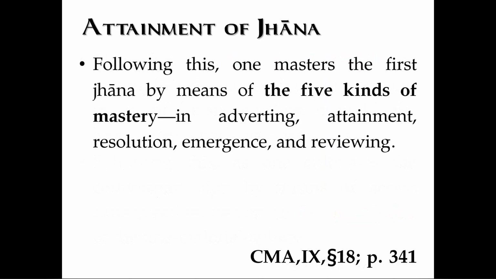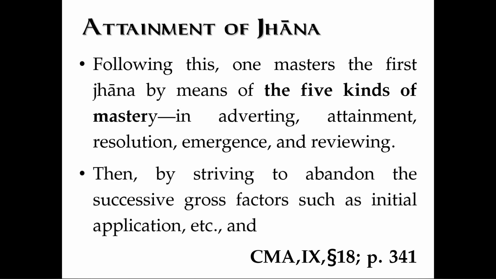Following this, one masters the first jhana by means of five kinds of mastery. We already learned that last week: adverting, attainment, resolution, emerging, and reviewing. These are the five kinds of mastery. By striving to abandon the successive growth factors, such as initial application, sustained application, etc. That means when you attain the first jhana, you still have initial application, or thought.